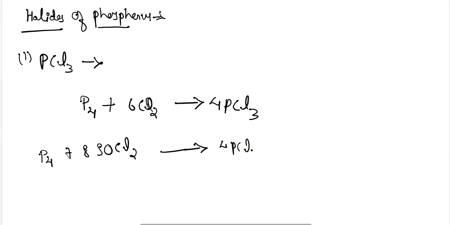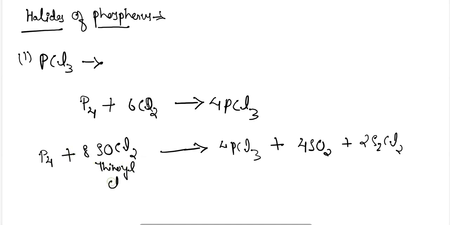Then PCl3 will be formed, where sulfur dioxide gas and S2Cl2 will be released. So here reaction of white phosphorus is taking place with thionyl chloride. So due to this reaction between white phosphorus and thionyl chloride, phosphorus trichloride will form.